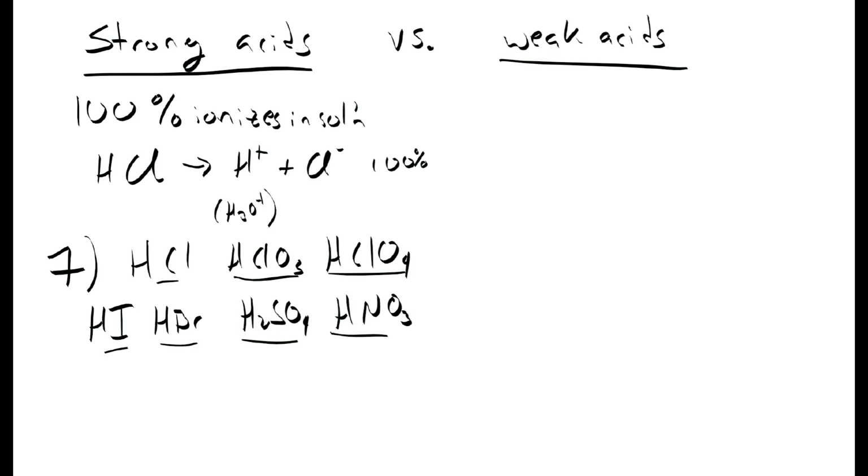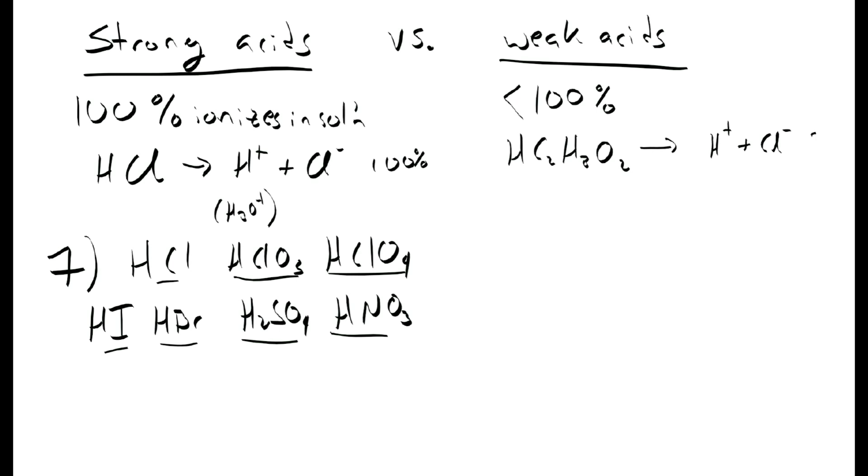Now, weak acids, hopefully you can guess by contrast, are less than 100%. So something like acetic acid, HC2H3O2, you throw that into solution, it breaks apart into H+ and acetate.